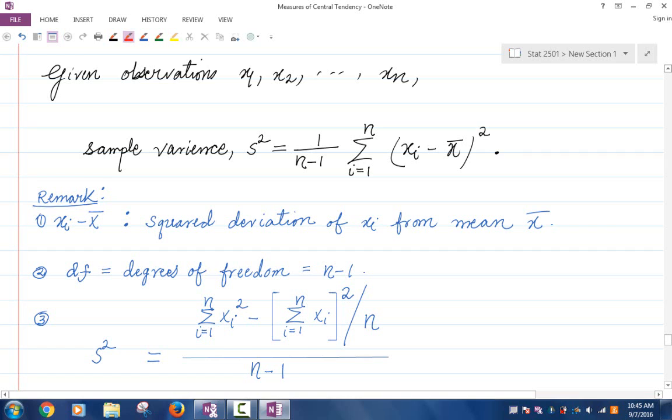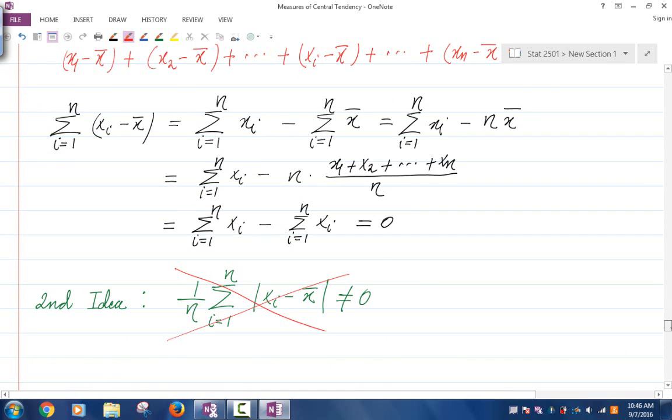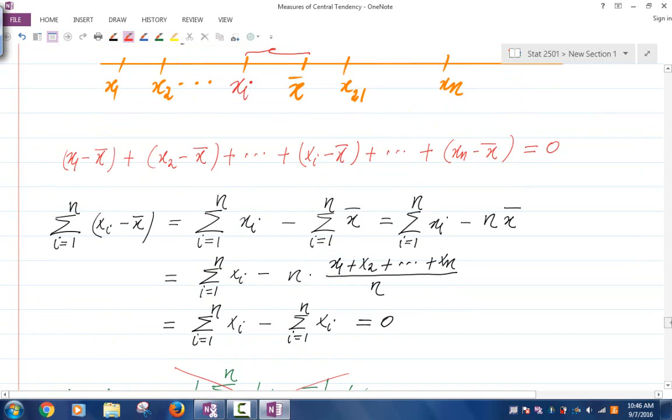Why is that the case? Well, for now, let me say the following. Remember this equation that I have here. Look at that equation.